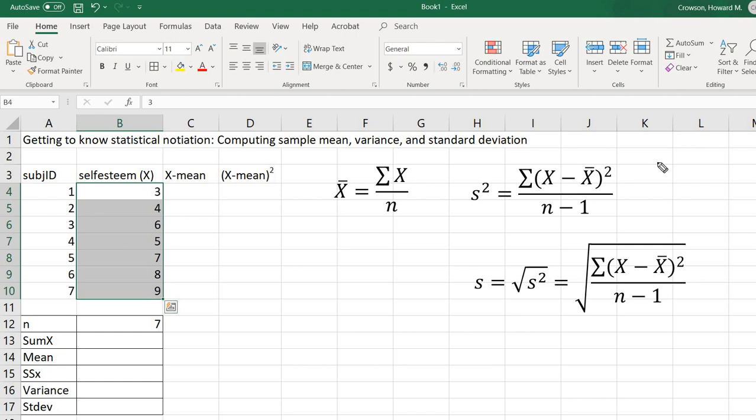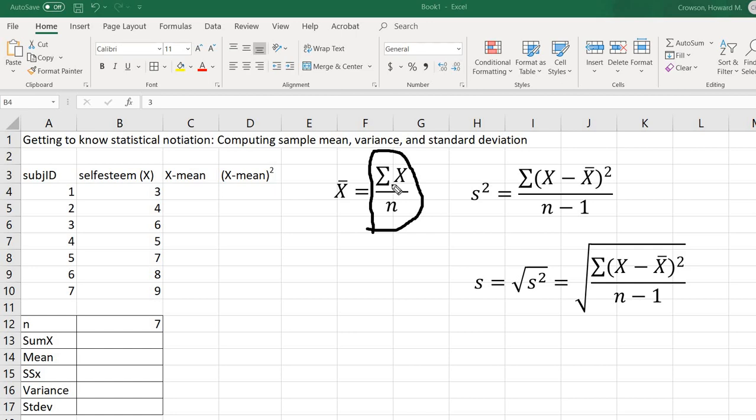And what we're going to do is start off by computing a sample mean using the formula for sample mean right here. So the formula for sample mean is denoted as sigma x divided by n. Now, in the context of statistical notation, the sigma is representing a summation operator.